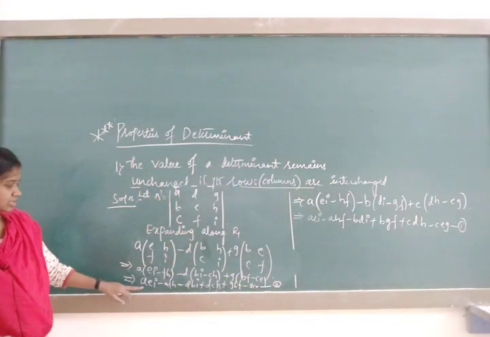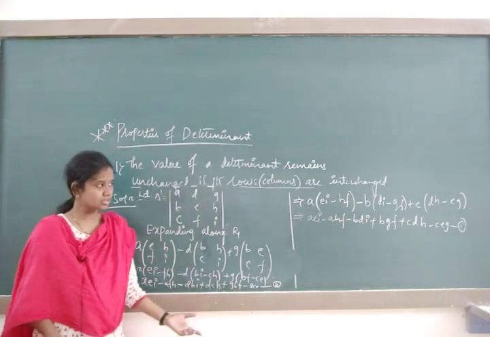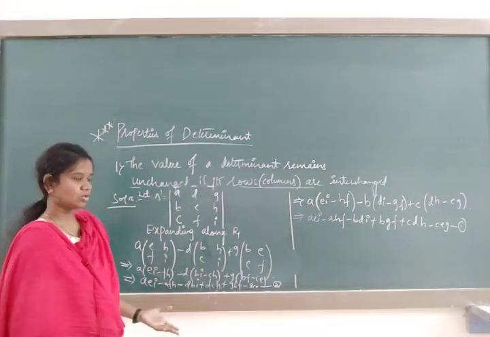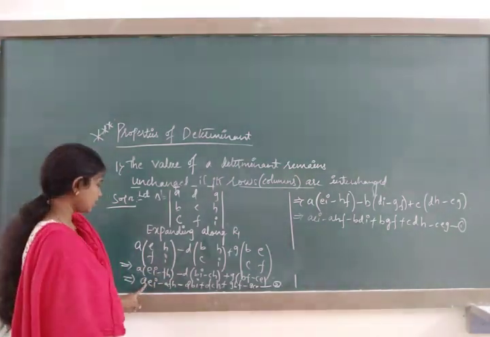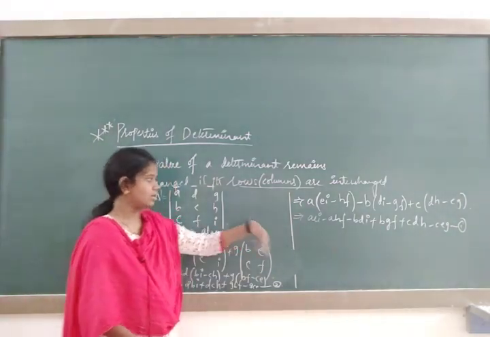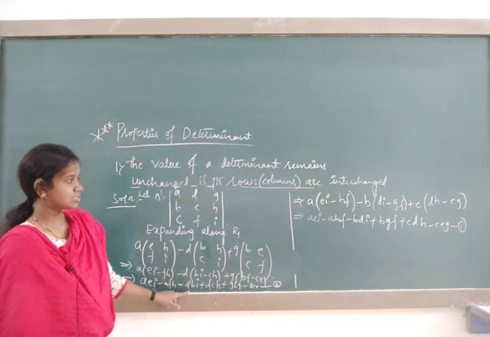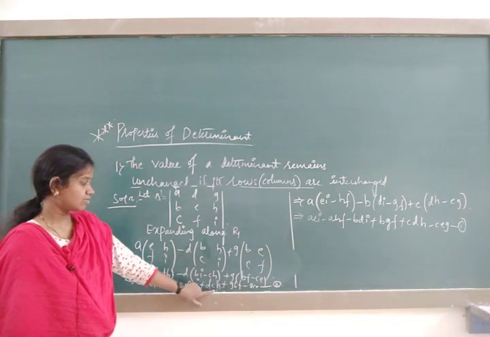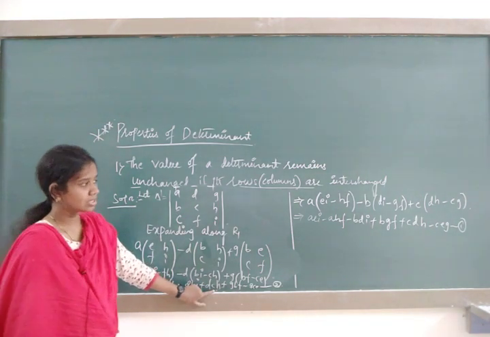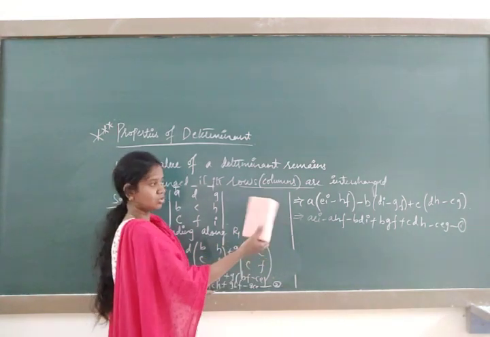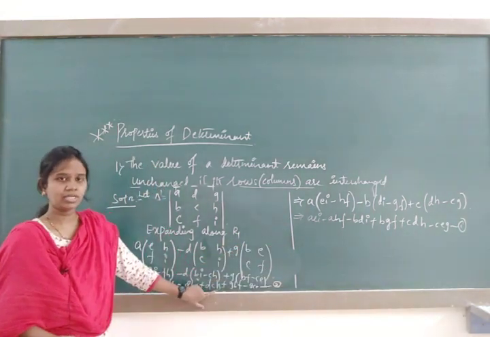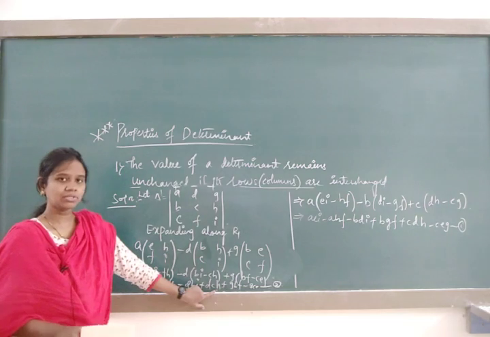Now check it out, is it the same 6 terms? Yes, we got the 6 terms, but the position of the terms is different. Here AEI, here also AEI. Next minus AFH, yes we got AFH. Next minus DBI, but the 4th term here was DCH, while there it was DCH for the 5th term. It doesn't matter, the values are the same.